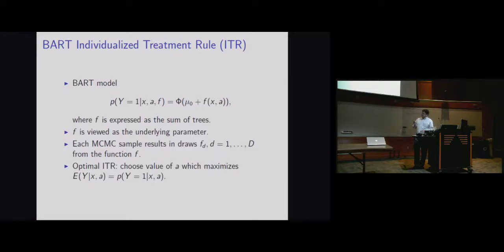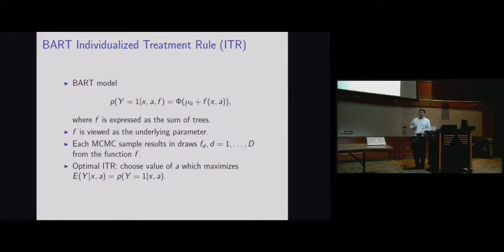Well, as you saw today, the BART model basically says that the success probability is some function, and this is using a probit transformation. I also could use a logit. Usually an intercept, and then this function. So here now we're considering the function in terms of both x and a. So we're allowing it to be completely flexible in both x and a. And that function f is this sum of trees that you heard about earlier today.